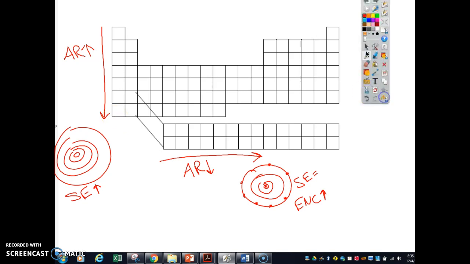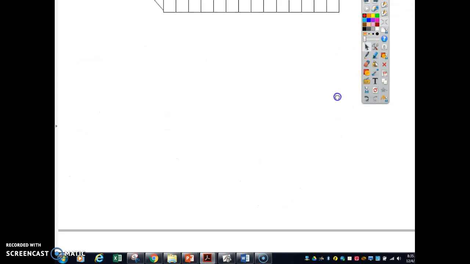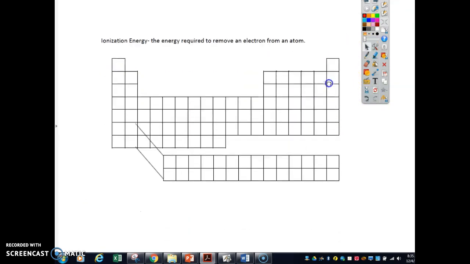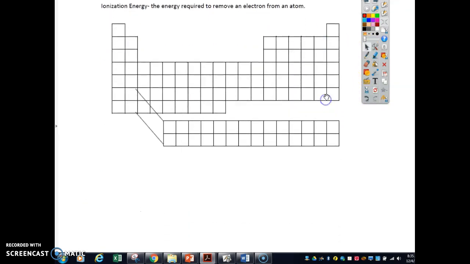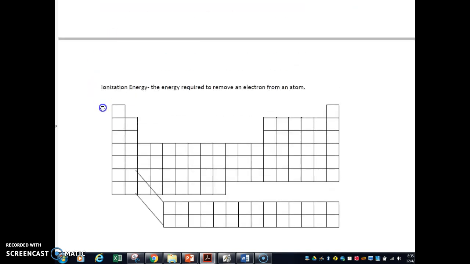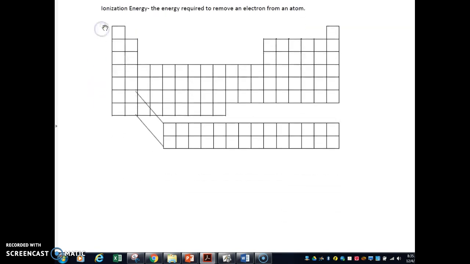Now the next trend is ionization energy. It's how much energy it takes to remove an electron from an atom. So when we look at this as you go down a column, the ionization energy is going to decrease.